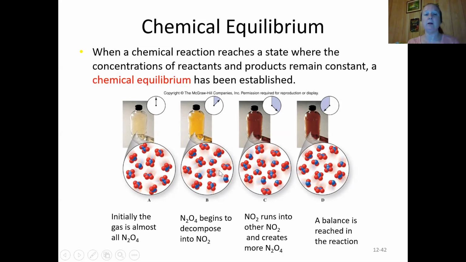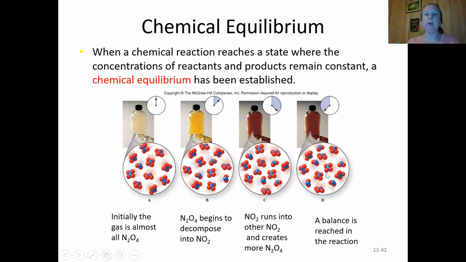This is nitrogen dioxide. So you see some of the nitrogen dioxide molecules start to build up in concentration, right? Started out just a little, you get more and more. Pretty soon you have enough of these nitrogen dioxides in there that they can start running into each other. And when they do, they form N2O4.